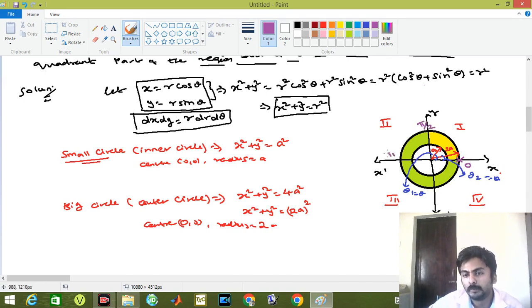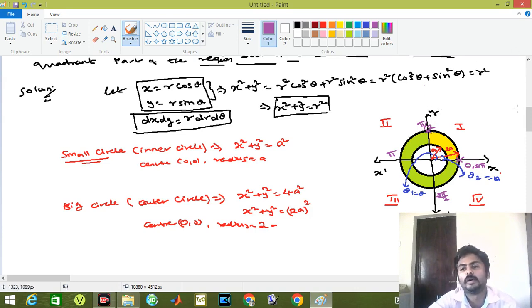Here theta equals pi, that is 180. Here it is 270 degrees, that is 3 pi by 2. Pi by 2 means 90, and 90 into 3 is 270. Then again here you will get 2 pi. Am I right? So from 0 to pi by 2 it is traveling.